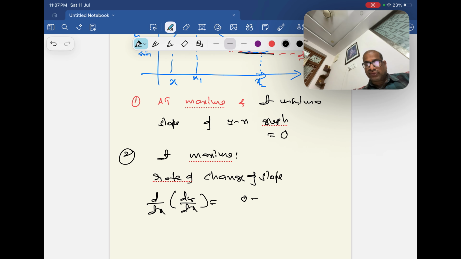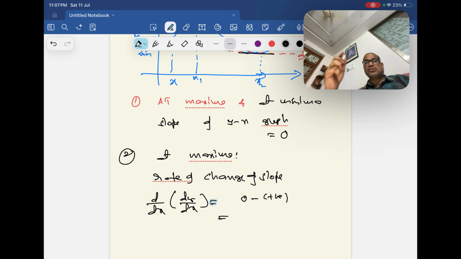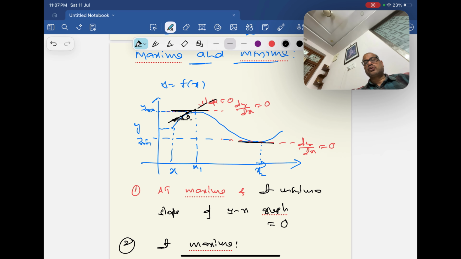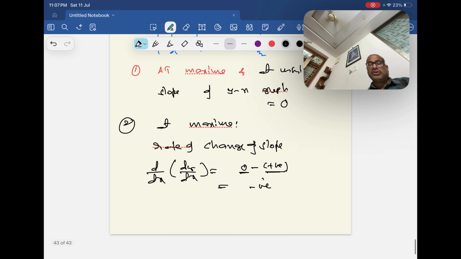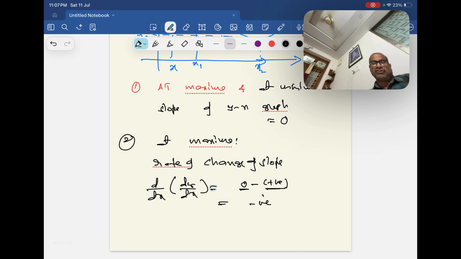At maxima it is 0, and just before it is positive, so the change is 0 minus positive, which is negative. So the rate of change of slope, d by dx of dy by dx, which is d square y by dx square, becomes negative.